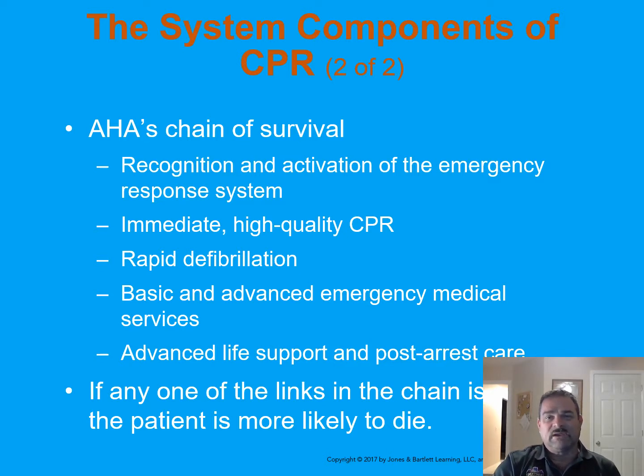It starts with recognition and activation of the emergency response system, and then immediate application of high-quality CPR, rapid defibrillation, basic and advanced emergency medical services, advanced life support, and post-arrest care. Any one of these links in the chain is very, very important, and if it fails, then the patient is more likely to die.